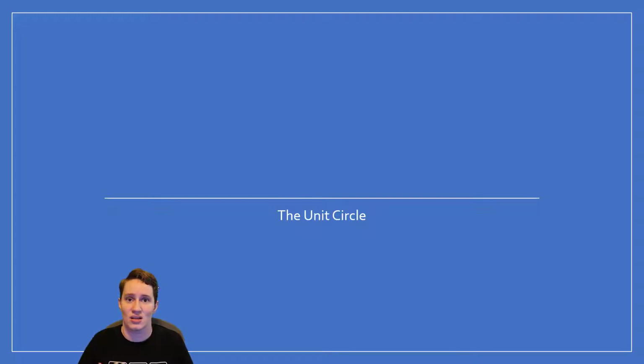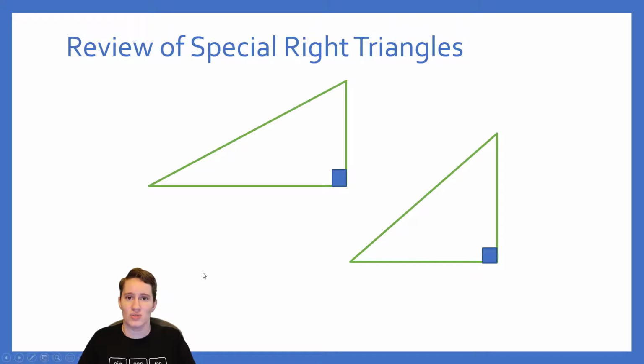But this is the unit circle that we're going to talk about. The unit circle allows us to use these special right triangles that we know and love, right? 30, 60, 90 and 45, 45, 90. These triangles can help us find exact values for trig functions, but we expand that idea to make it really easy to memorize or come up with values.